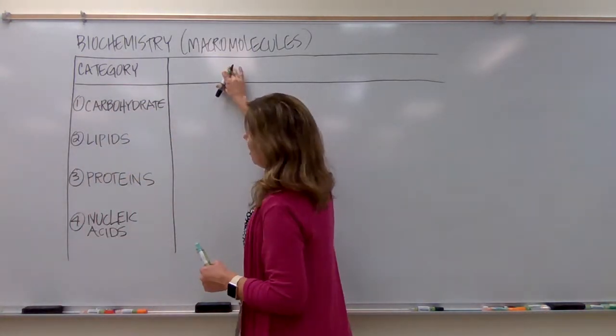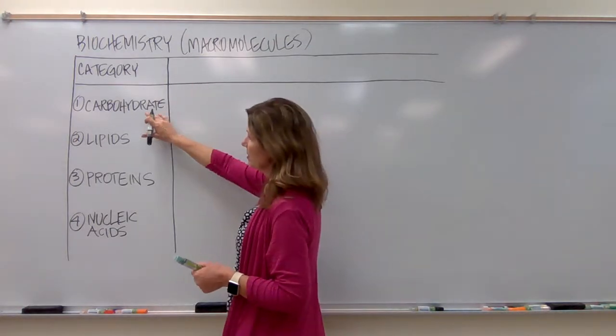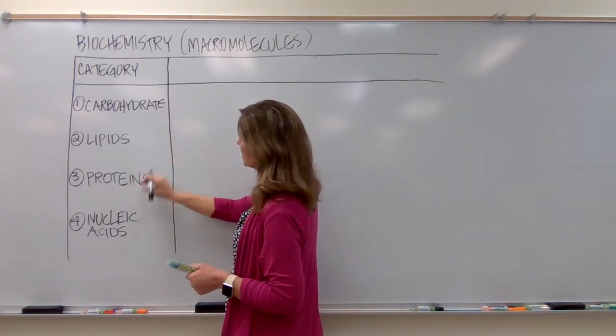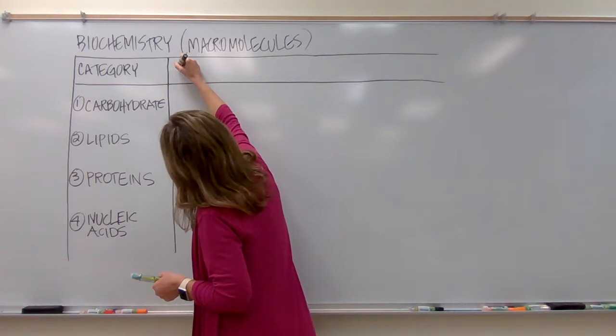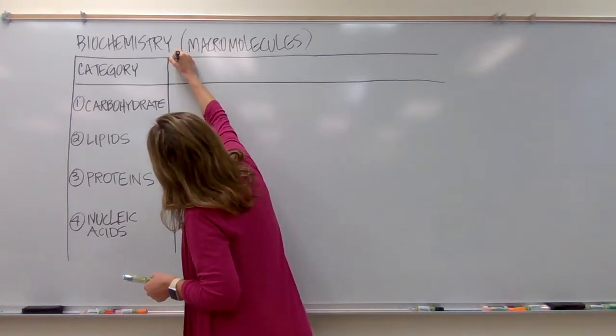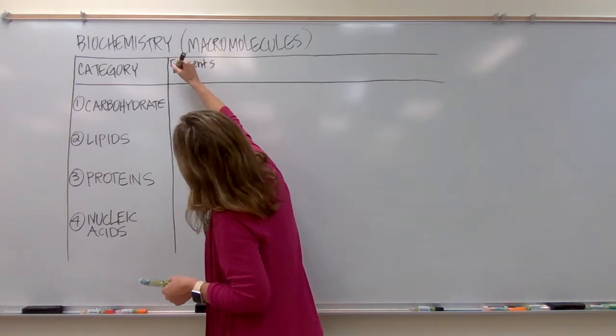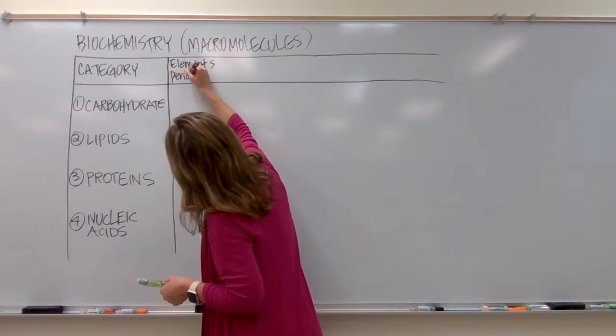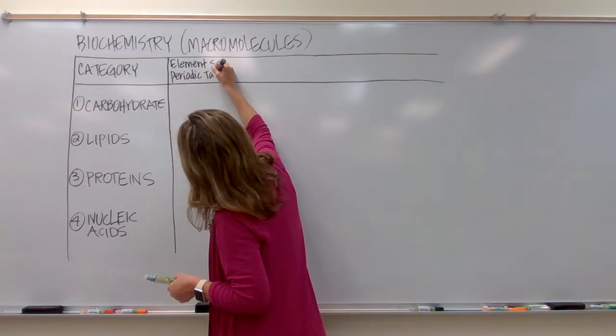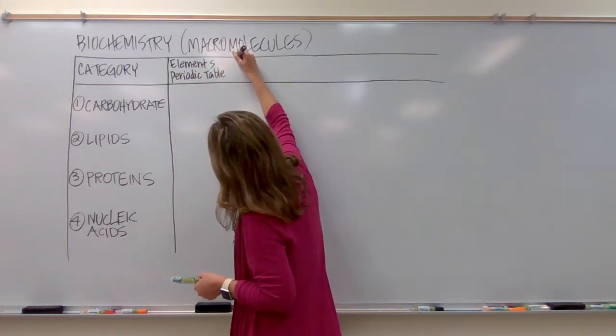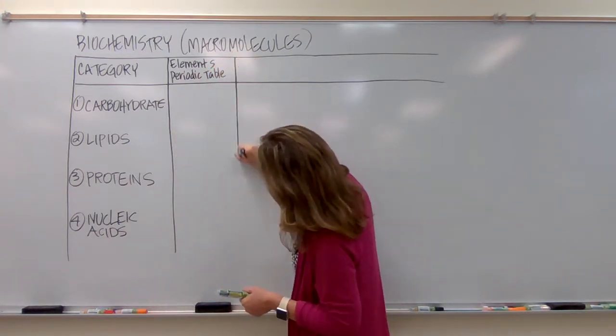The next column I would like you to memorize for these 4 different categories will be the elements. So elements from the periodic table. Those are the elements I am speaking of.